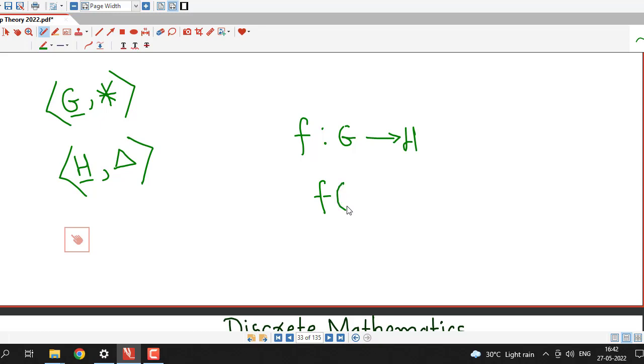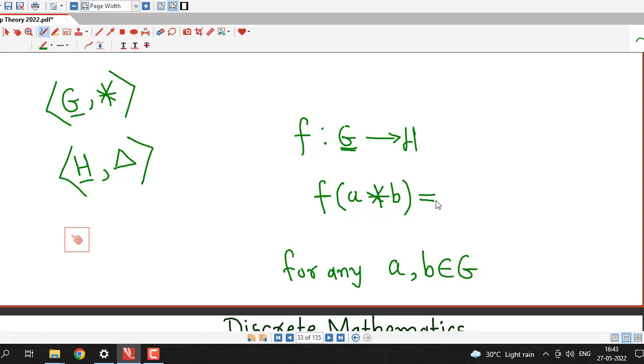If we take the value of this function f at the point A star B, where A and B are elements of group G, then for any two elements A and B in G, A star B is also a member of G because G is a group.